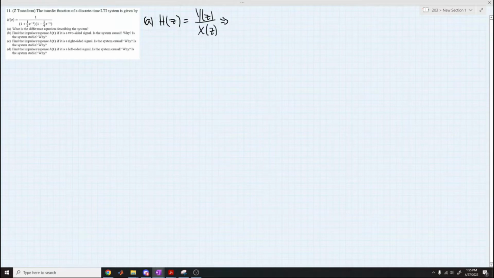And we could then write that Y of z multiplied by (1 plus 1/2 z to the negative 1) multiplied by (1 minus 1/4 z to the negative 1) is all equal to X of z.